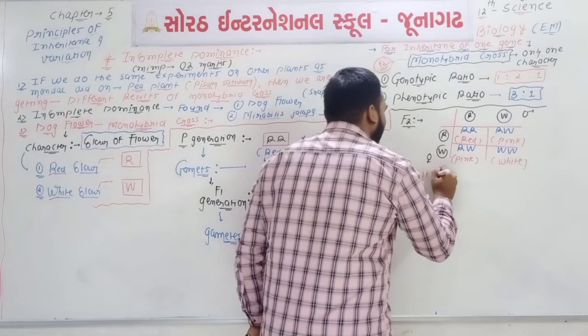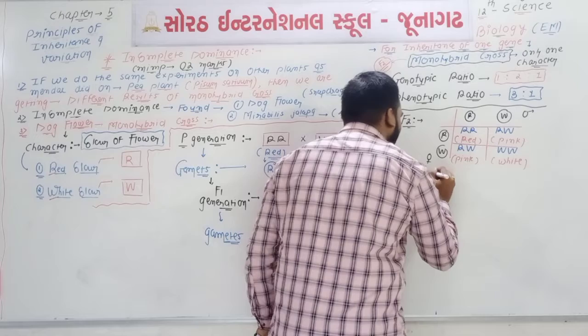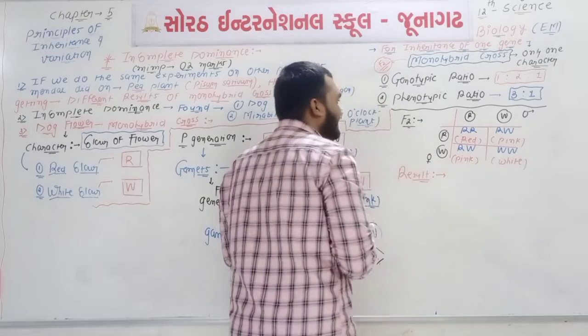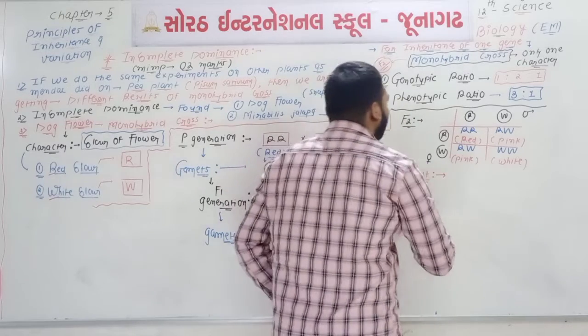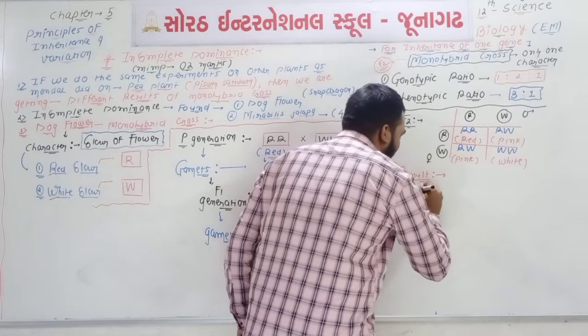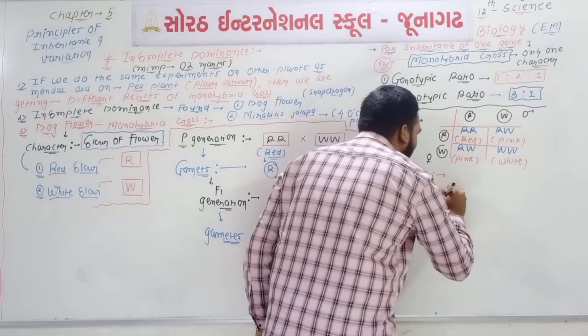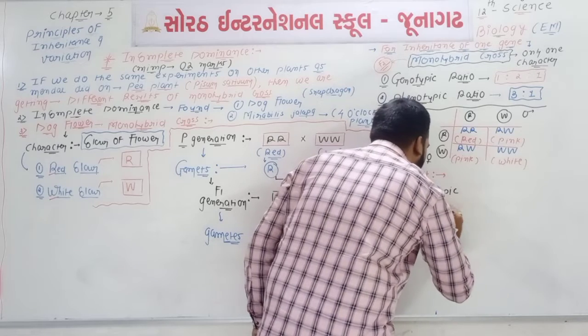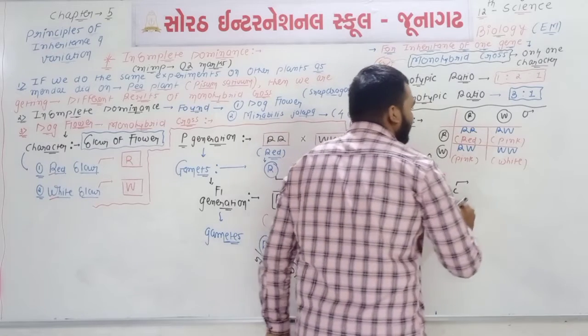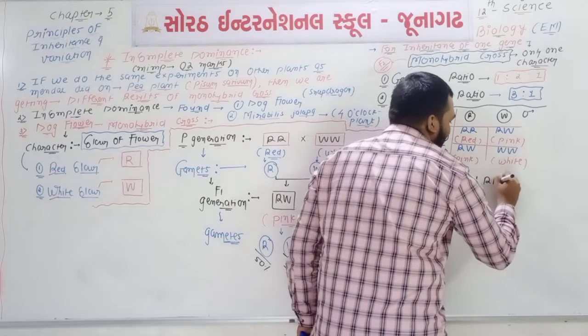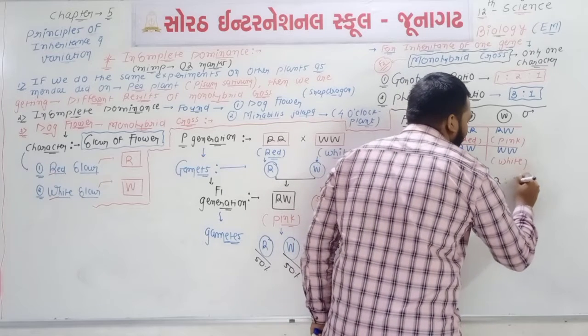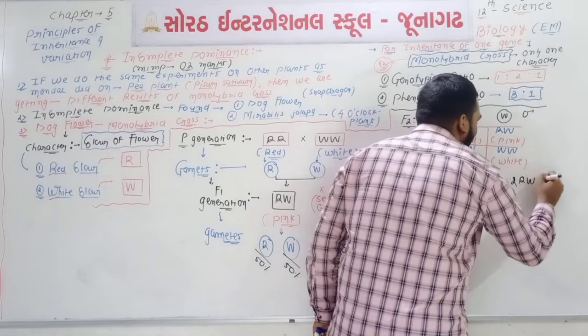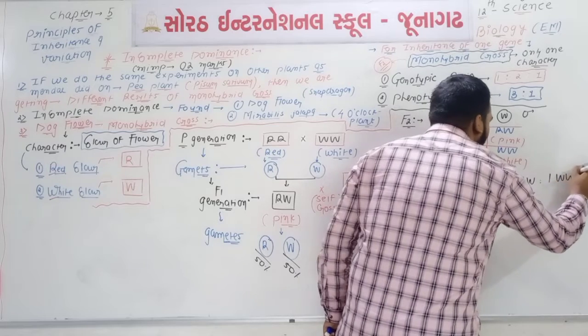Now if we write the main thing, the result, the first result is about the genotypic ratio. Here we can say that 1 RR is to 2 RW is to 1 WW.